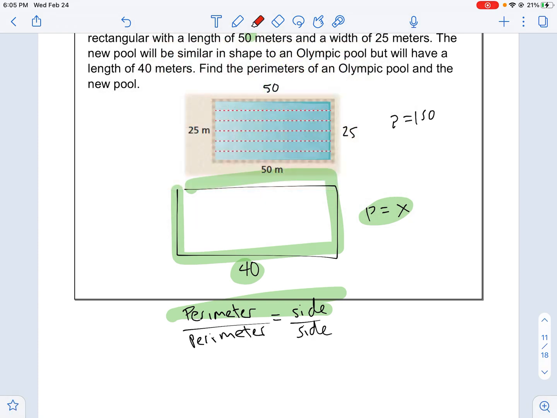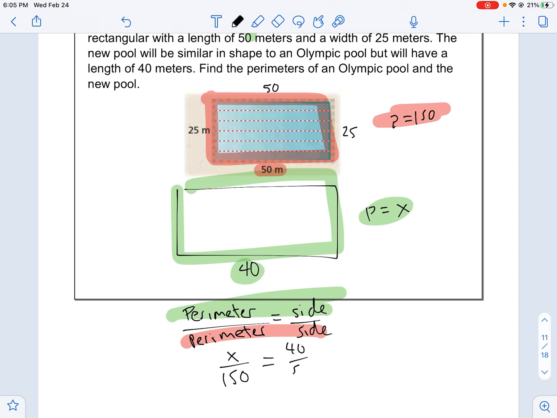This is where we started, so this is going to be our bottom numbers. And notice the 40 and the 50 are in the same spot. So those are the ones we're going to use. So we've got x for the perimeter of the green, 150. And then we have 40 over 50.